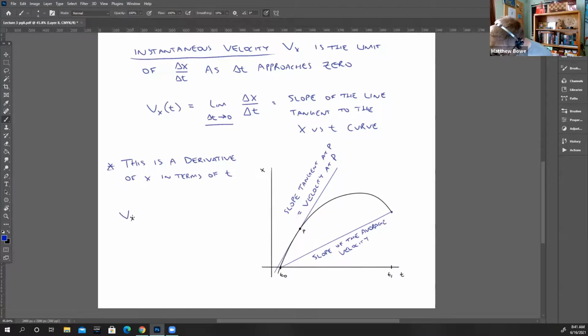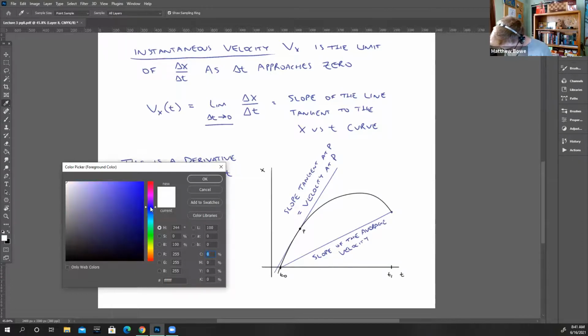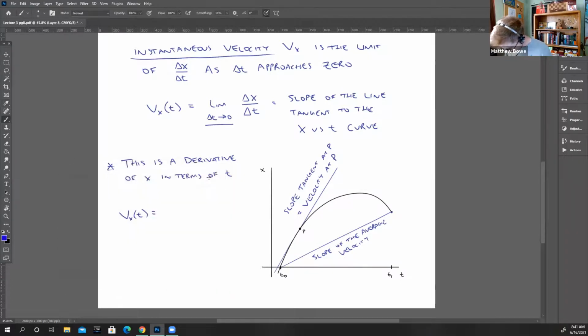V sub x as a function of time is equal to the limit as delta t approaches 0 of delta x over delta t.